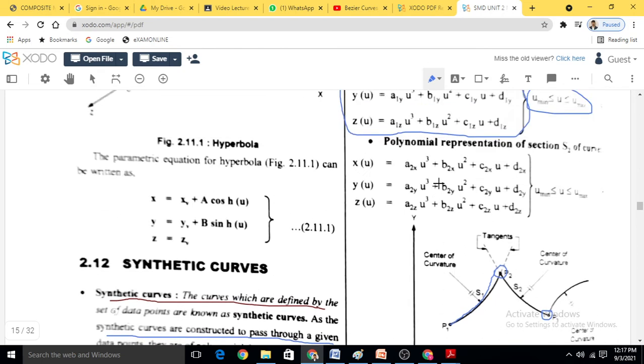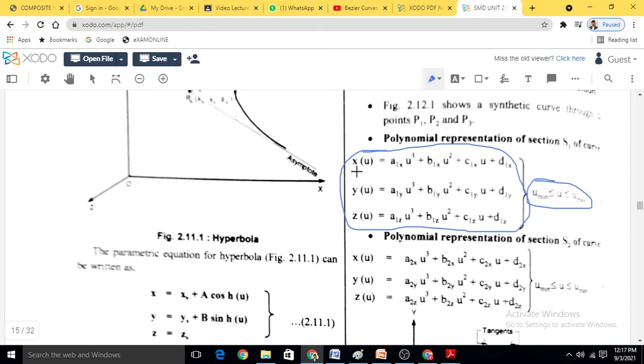Now in this example, x(u), y(u) and z(u) represent section 1, and this polynomial, in which the variables are a2x, b2x, c2x, d2x, a2y, b2y, c2y and so on, will represent section 2 and this polynomial will represent section 1. So in section 1 the limit is u minimum to u maximum, and in the second section also the limit is u minimum to u maximum.